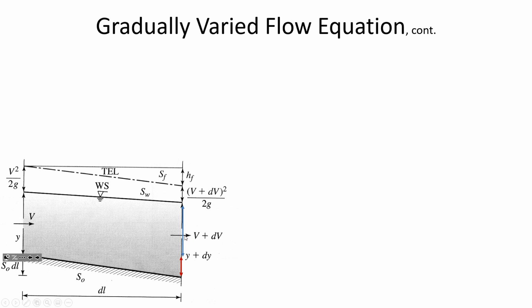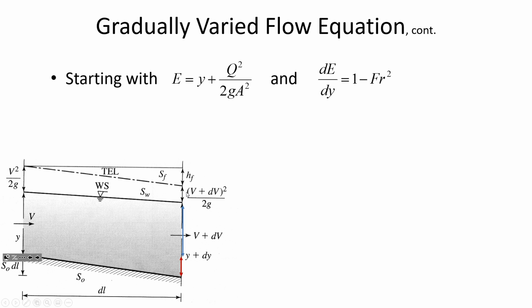Because it's deeper, the velocity is going to be less. The upstream velocity was v. The downstream velocity would be v plus dv, where dv would be negative because it's going to have reduced velocity downstream since it's got more depth. For the same flow rate, the q upstream and downstream is the same, but because it got deeper downstream, the velocity had to slow down.